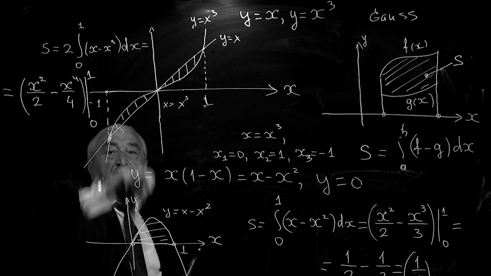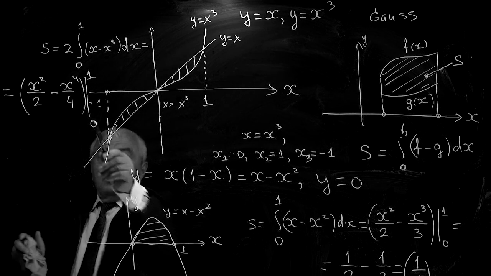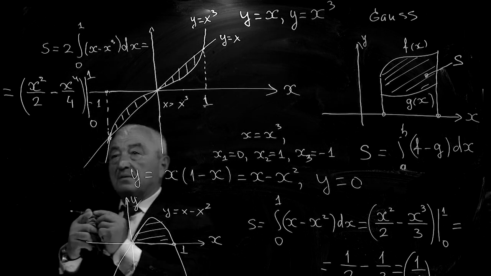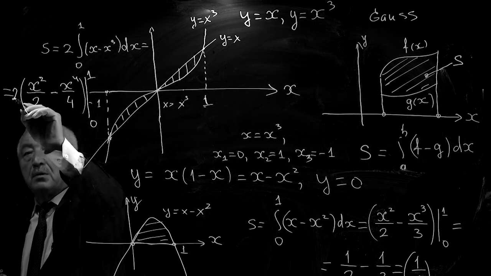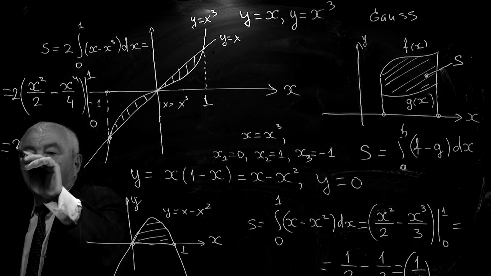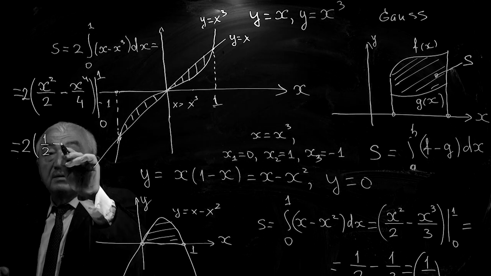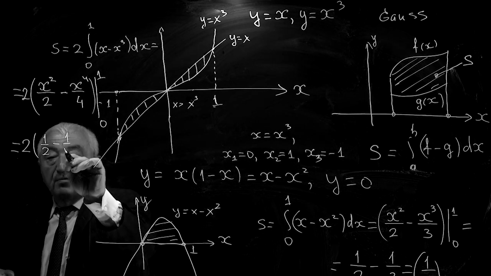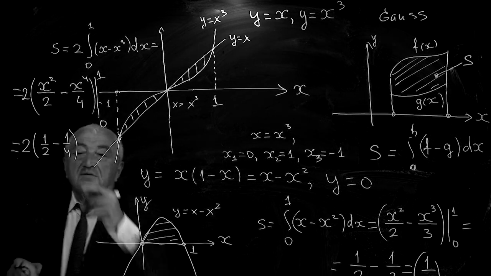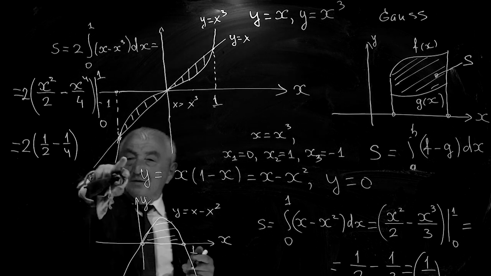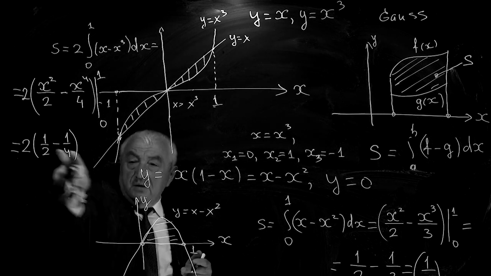We have these functions. At 0 we have 0. At 1, 1 divided by 2 minus 1 divided by 4, which is 1/4.